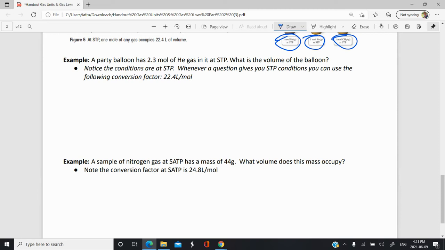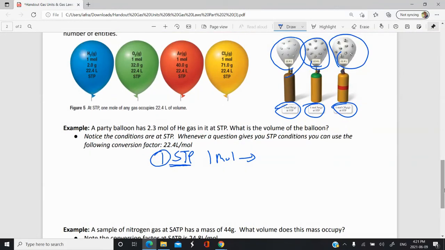What is the volume of the balloon? All right, the condition given to us was STP. So we have 2.3 moles of helium gas. Now at STP, if we had 1 mole of helium gas, it would occupy 22.4 liters, because that's my molar volume.